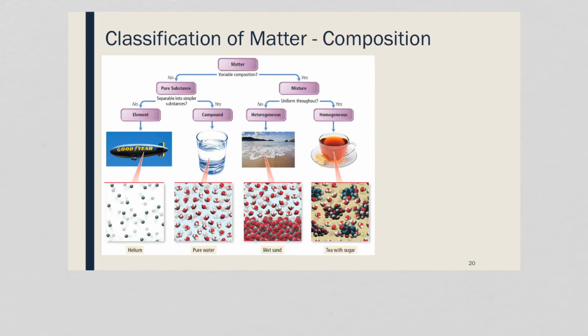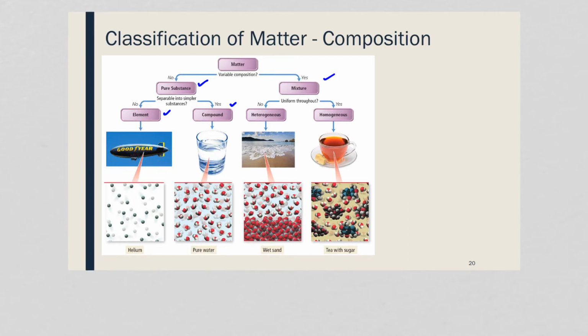We have what are called pure substances and mixtures. So if we look at pure substances first, there are two types of pure substances, right? Elements and compounds. And so what makes these pure, right, is there is only one type of matter, either one type of atom or one type of molecule.